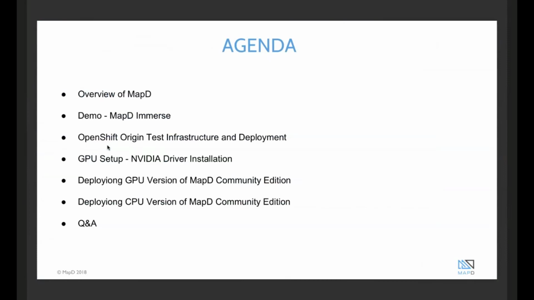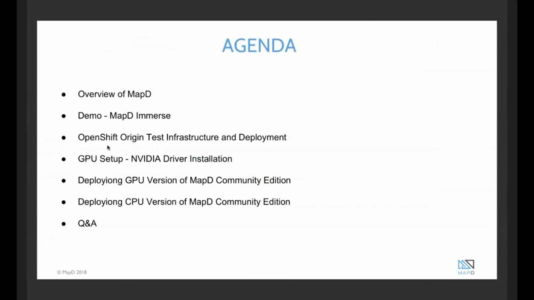Of course, MapD can be deployed on-prem or in the cloud, just like OpenShift. And so we'll do the MapD overview, the demo, and then I'll go over the OpenShift deployment.